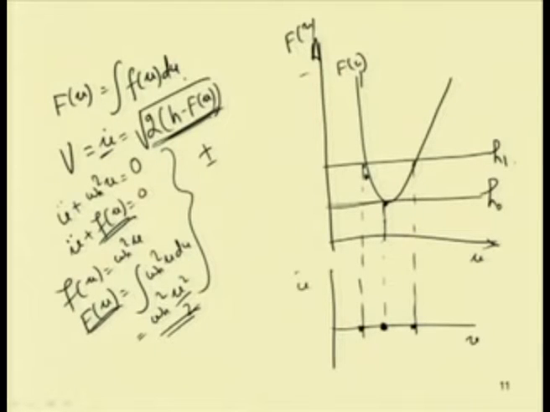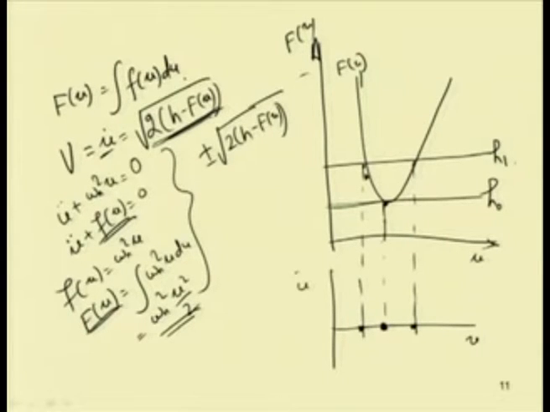So, as h minus F u is positive, I can have two values of the velocity corresponding to this, given by root of 2 into h minus F u, and we will have two real values.